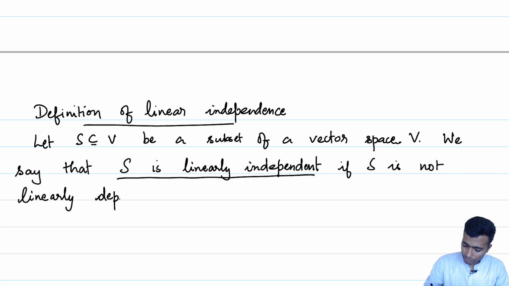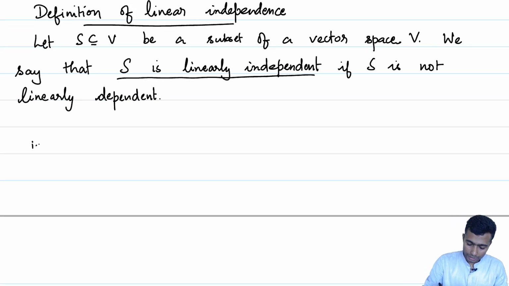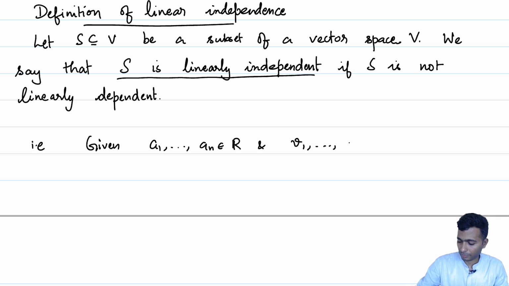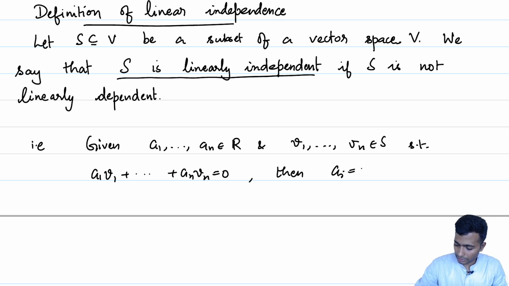This can also be written in the following manner: given a1 to an in R and v1 to vn in S such that a1 v1 plus a2 v2 plus dot dot dot plus an vn is equal to 0, then ai is necessarily equal to 0 for all i.